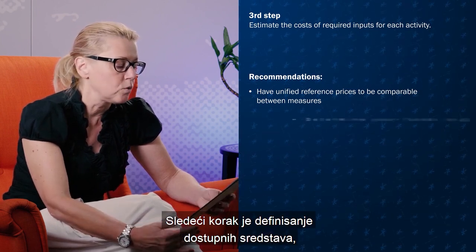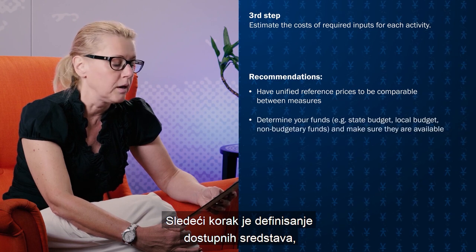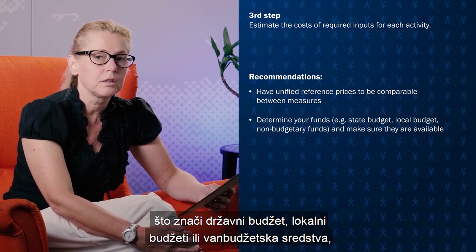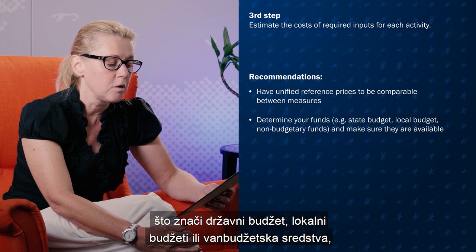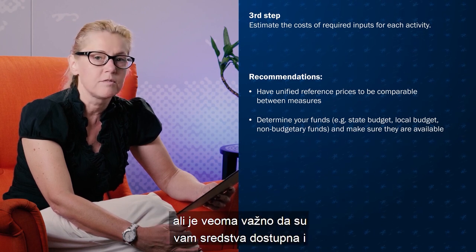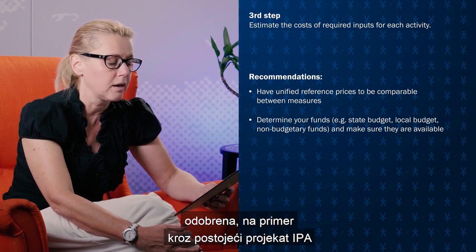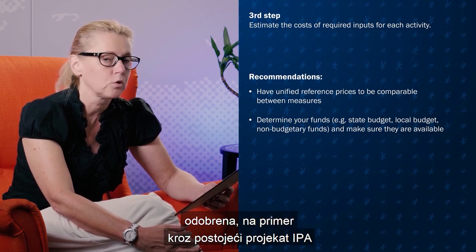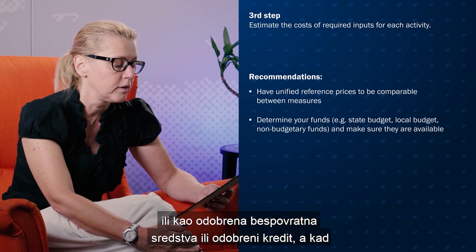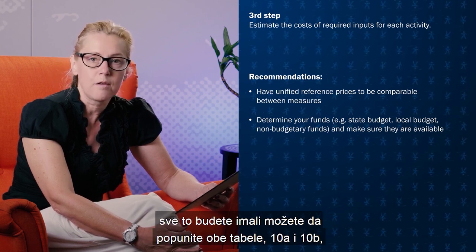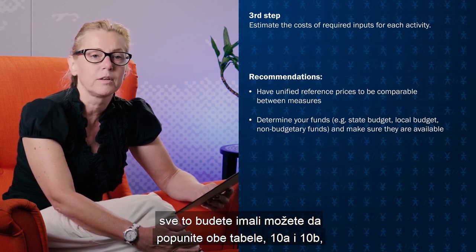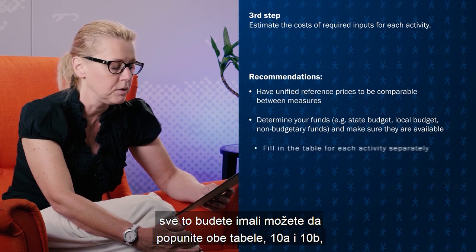The next step, you define the funds available, meaning like state budget, local budgets, or some non-budgetary funds. But it is very important that your funds are available and approved, like an existing IPA project or approved grants or approved loans. So after you have all of this, you can fill both of the tables, the 10A and the 10B.